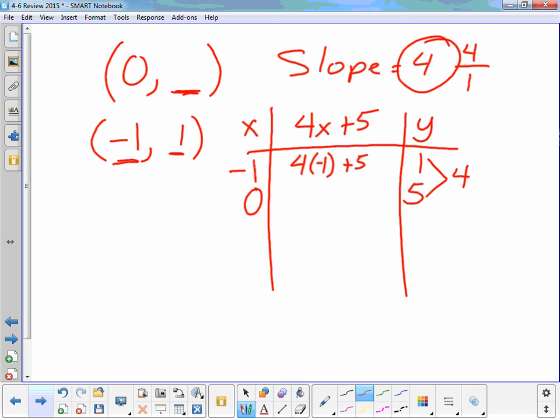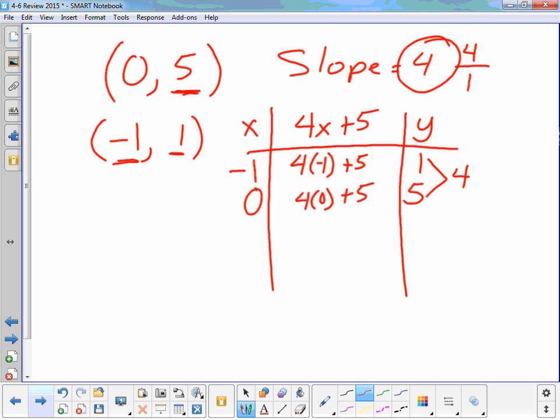My ordered pair here would have to be 5. So I can plug this value in again and say 4 times 0 is 0. I need to get to 5, so I'd have to add 5, and I know for a fact my rule works. I know that my ordered pair, when x is 0, y has to be 5. So I'd plug in that 5, and I'm good to go.